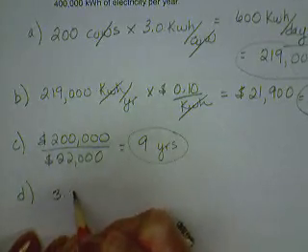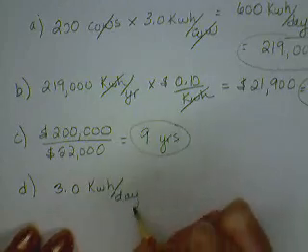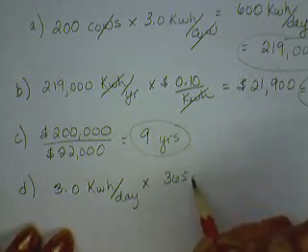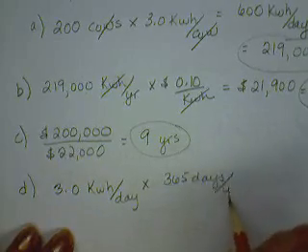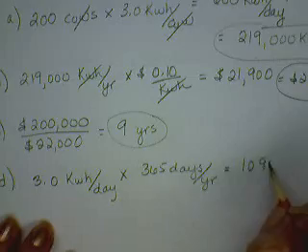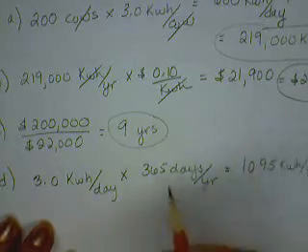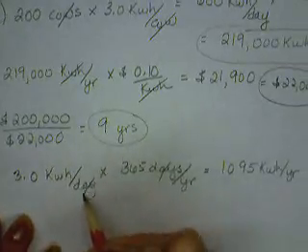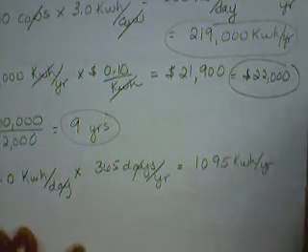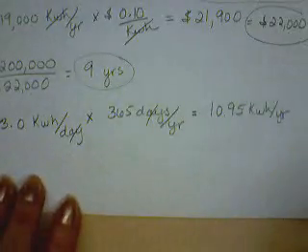So we're going to take 3 kilowatt-hours per day per cow and multiply that by 365 days per year, and that's going to give us 1,095 kilowatt-hours per year because our days cancel. So 1,095 kilowatt-hours per year, and that is for one cow.